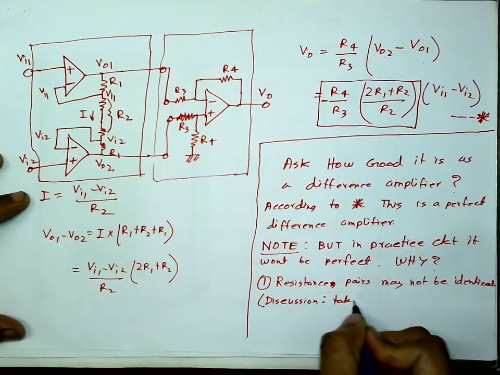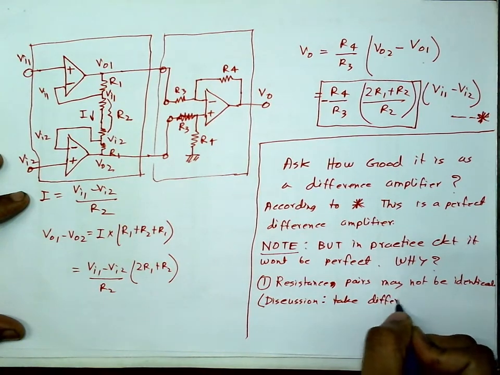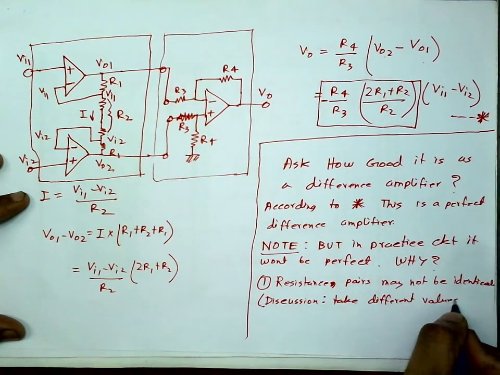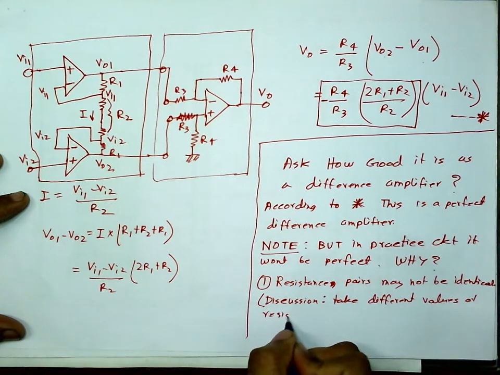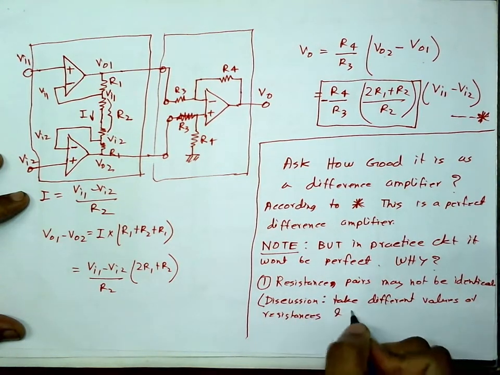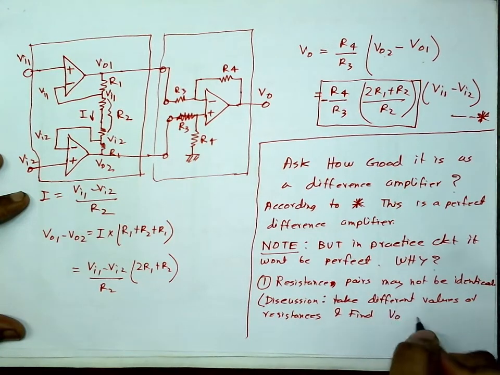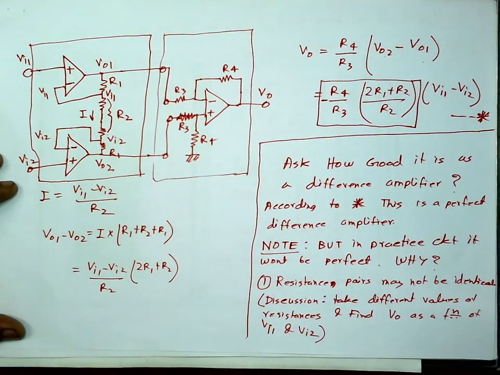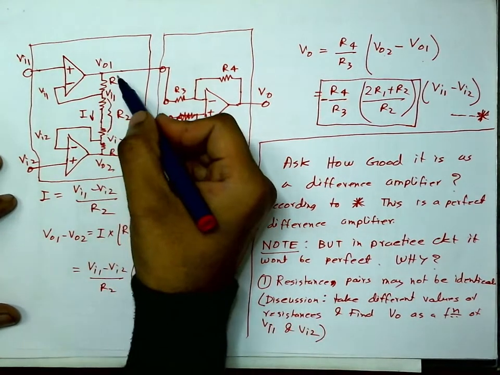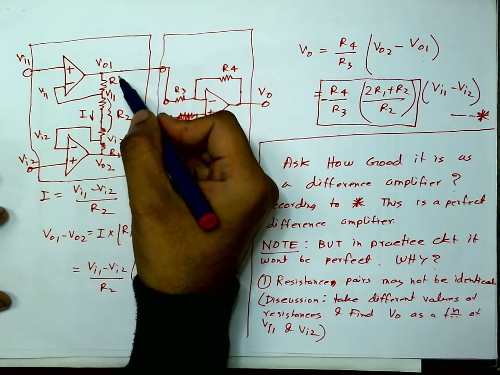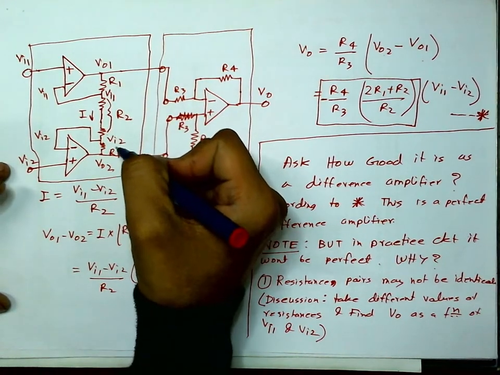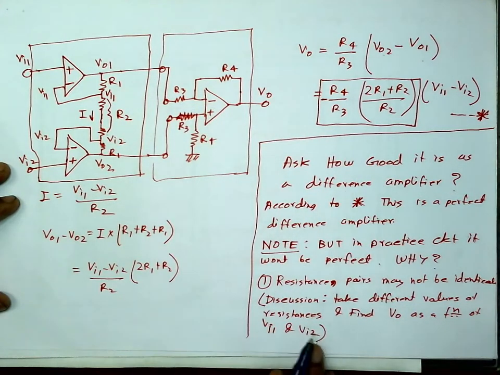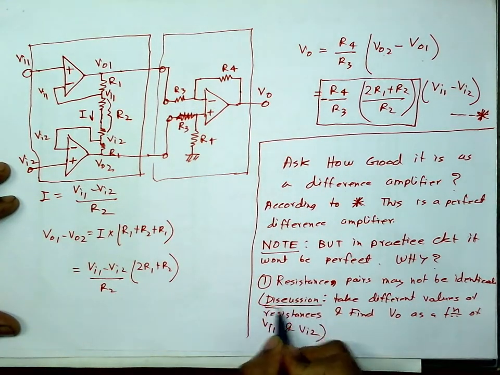Discussion: take different values of resistances and find VO as a function of VI1 and VI2. You can do it, right? All you have to do right now, in place of having this R1, you put a different symbol, here a different symbol, and do the same analysis. This I keep as an exercise.